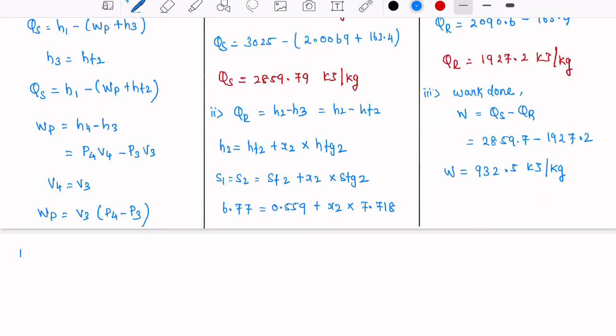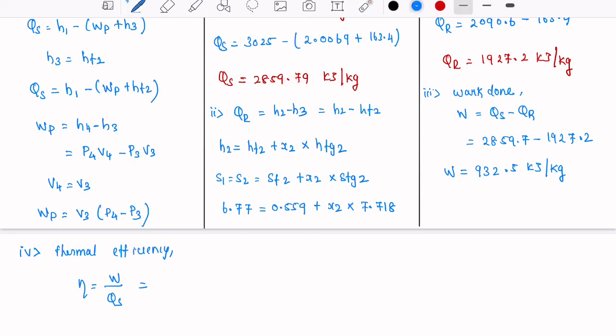Next, we have to find the thermal efficiency of the Rankine cycle. The efficiency is nothing but work done by heat supplied, and we have the work done as 932.5 and heat supplied as 2859.79 kilojoule per kg.